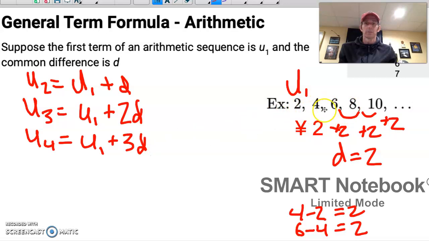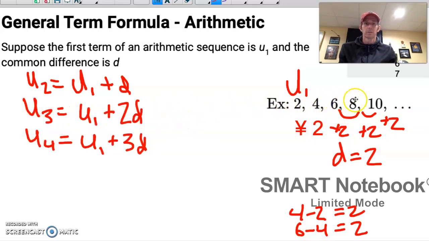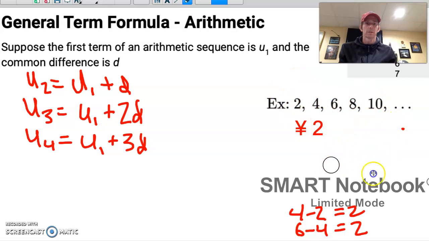So if I talk about 1, 2, 3, 4, the fourth term is the first term, and then there are 3 twos separating them, or 6 that separate those two. So I think I'm going to erase some of this stuff because it's getting a little bit messy here.